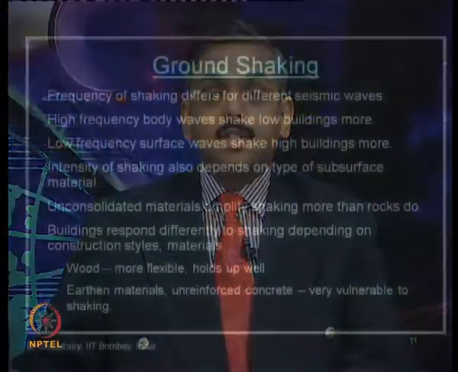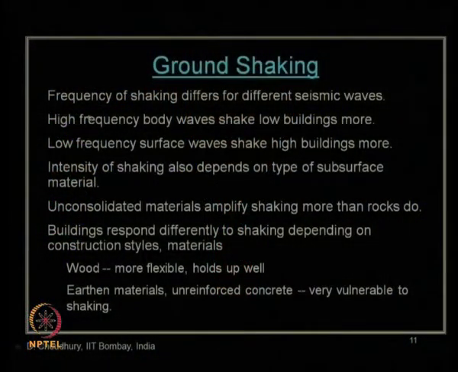Then we have discussed the ground shaking. We have seen that frequency is the important parameter. The different seismic waves generated during an earthquake process will have different frequencies of shaking, and various frequencies will cause different behavior of buildings of different heights.